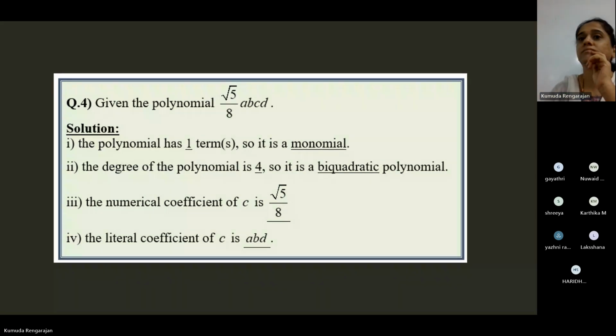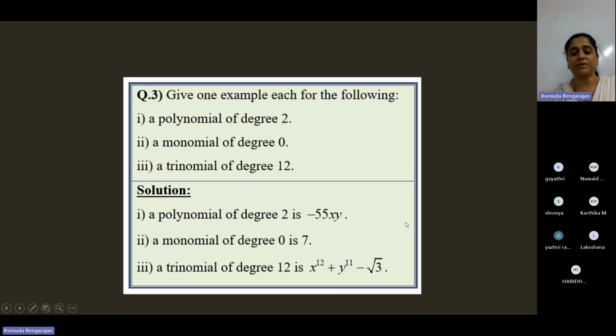Done? Okay. Complete this one. This is the third one. Please complete this. You can give different examples also.